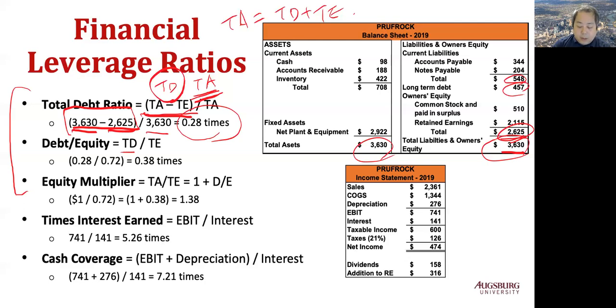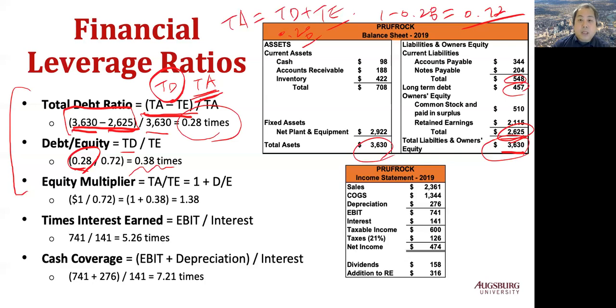Total debt is 0.28 times assets, which means total equity should be 1 minus 0.28 times total assets, 0.72 times. You can calculate the debt to equity ratio, 0.28 divided by 0.72, from the total debt ratio calculation. It's going to be 0.38 times.